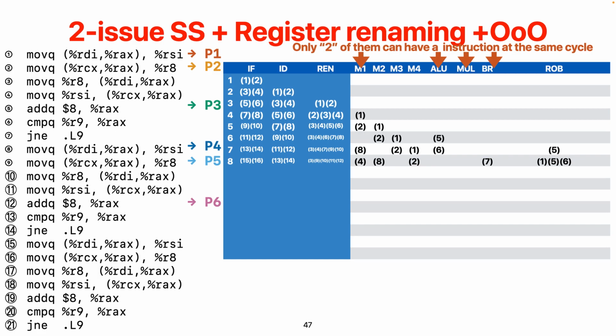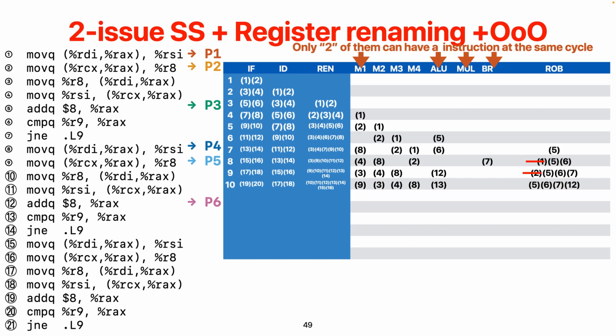It's actually 4, right? Because 4 is depending on RSI and 1 is done. So actually 4. And also 7, because 6 is done and no one is using BR, and I can issue 2 instructions. So 7 could be executed. And 1 is done, so we put it in the reorder buffer. In the next cycle, 1 could be retired because no one in front of 1 is still speculative.